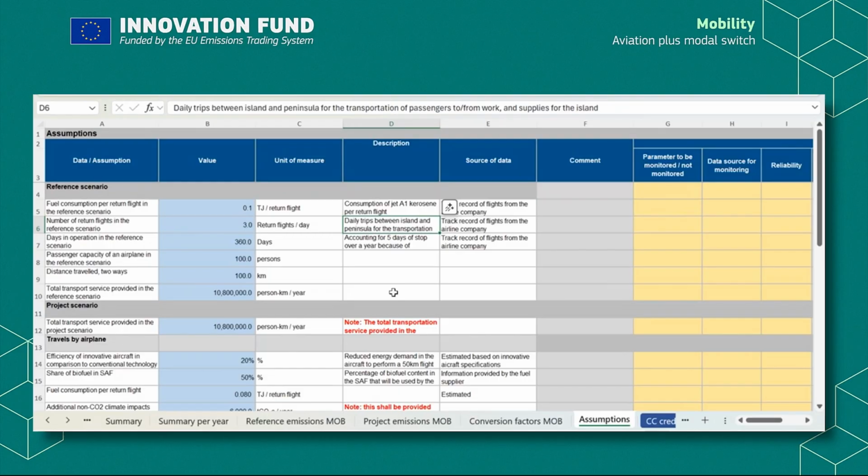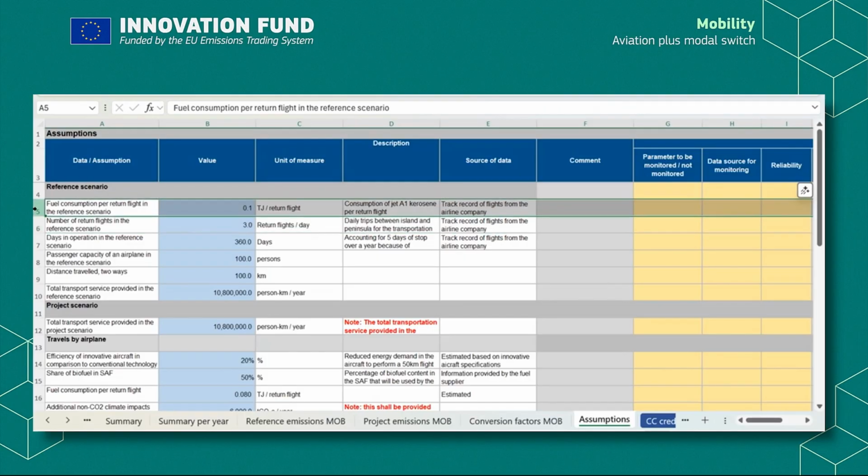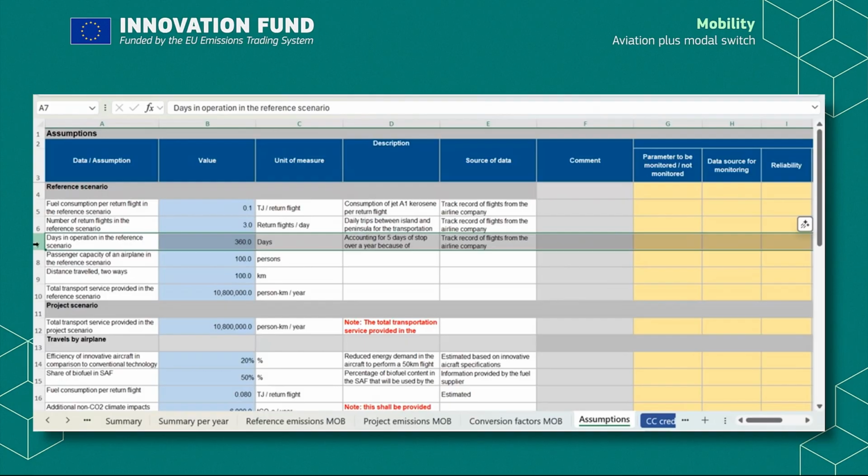These assumptions and the rationale for any qualitative or quantitative premises must be documented and properly referenced in this tab. In the reference scenario, we would have 3 return flights per day, each consuming 0.1 terajoules of Jet A1 kerosene. We assume that the service will run 360 days a year.